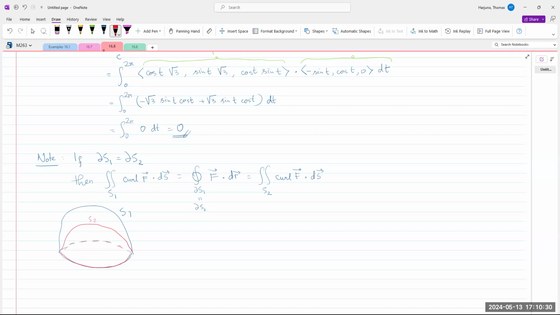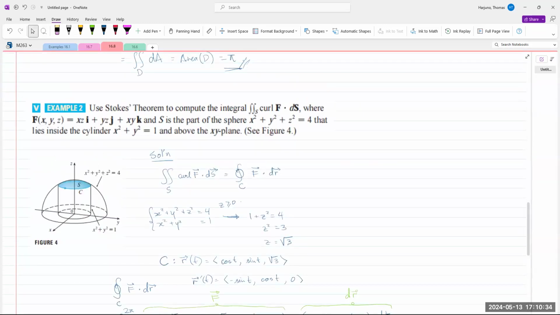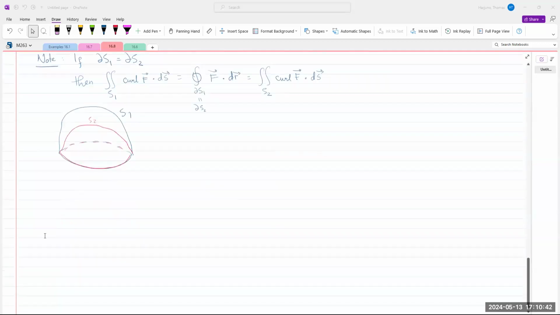Okay, actually we can use example 2 again. We can use example 2 here to work on that. Okay, let's take a look.